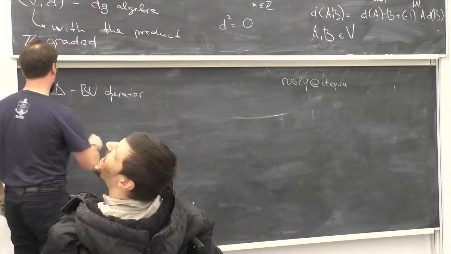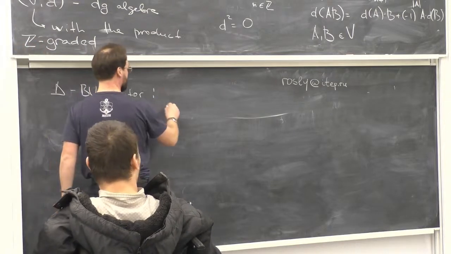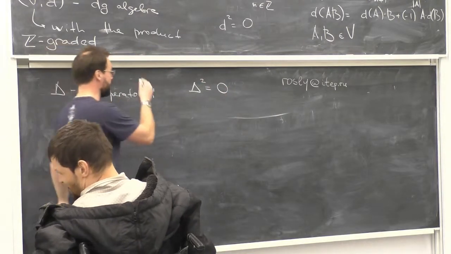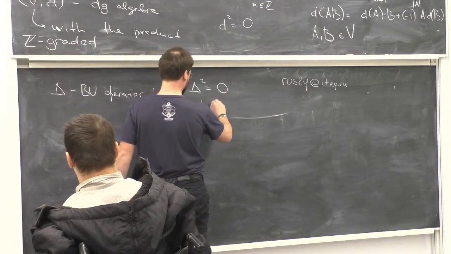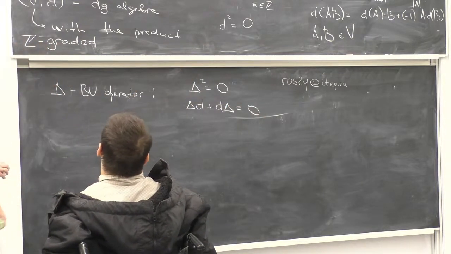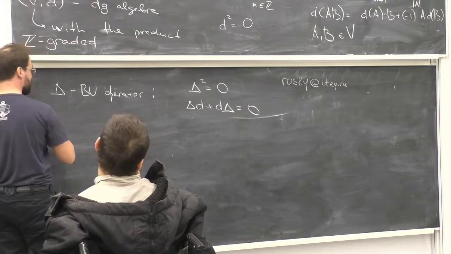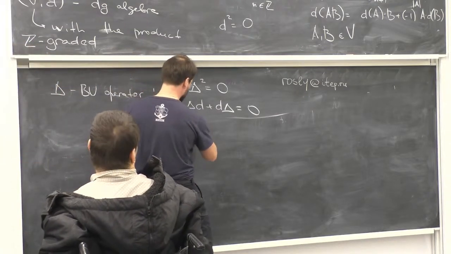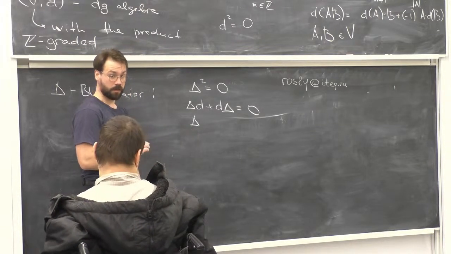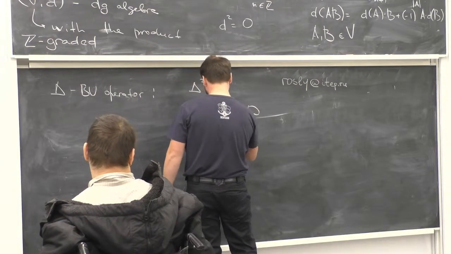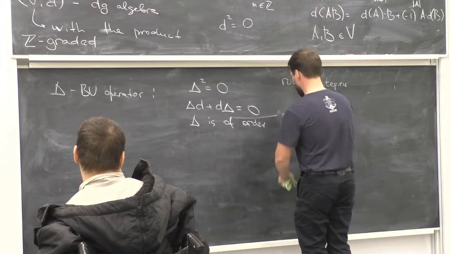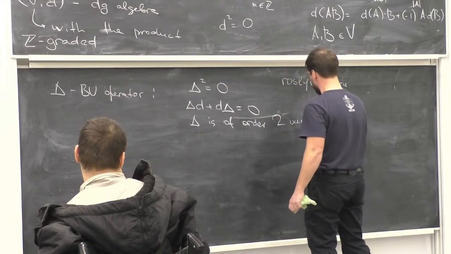In particular, that requires that delta squared is equal to 0. And they commute with D in the following way. Next, delta does not satisfy the Leibniz rule, but it is of order 2 with respect to the product.